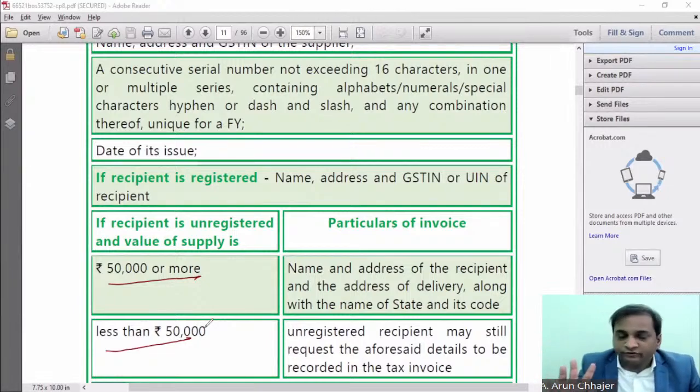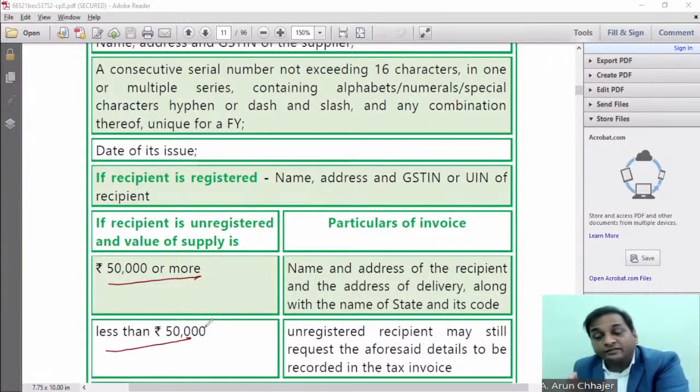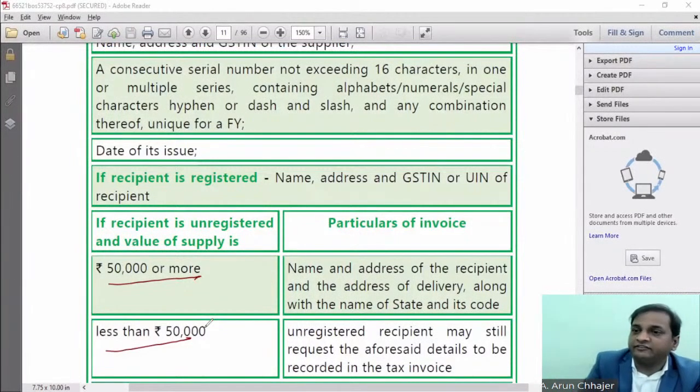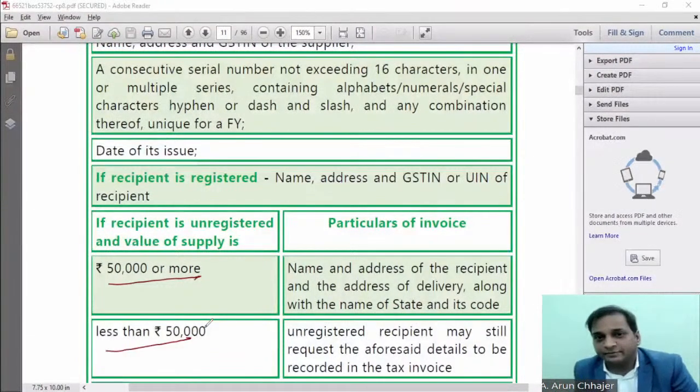I can issue the invoice like you are saying, or I can just supply on the basis of a delivery challan, and within 6 months, if consent is given, perfectly okay; if goods are returned, perfectly okay; or you have to treat it as a supply.